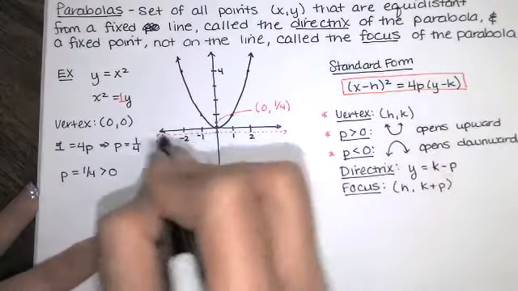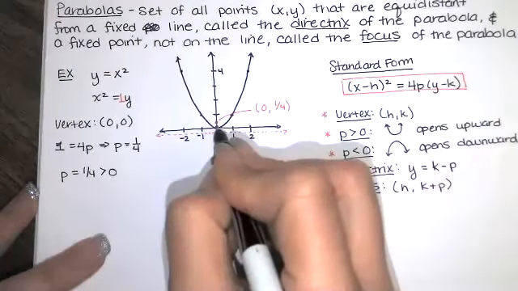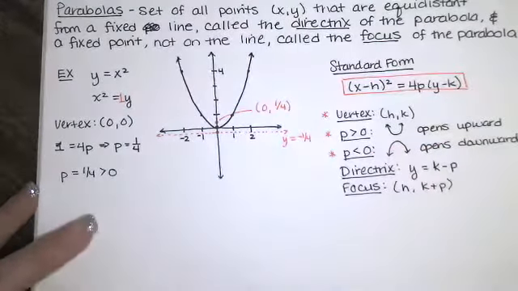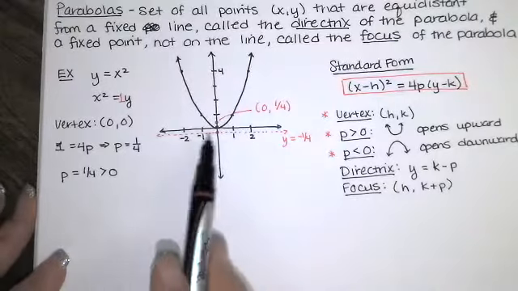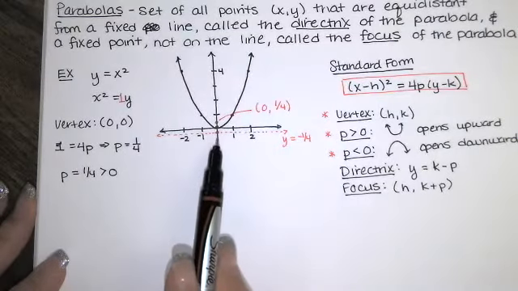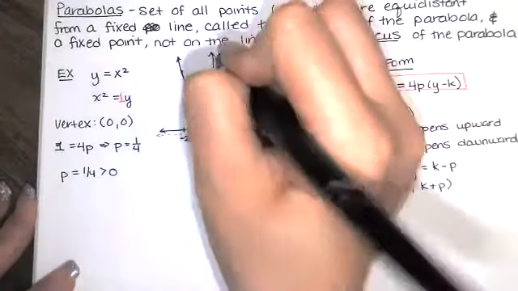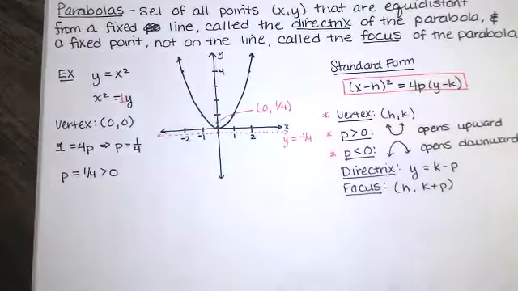The equation of the directrix, we were at y equals 0, now we're going to be at y equals negative 1/4. And now I've got my vertex, my focus, my directrix, and the graph of the parabola y equals x squared. That's our first example.